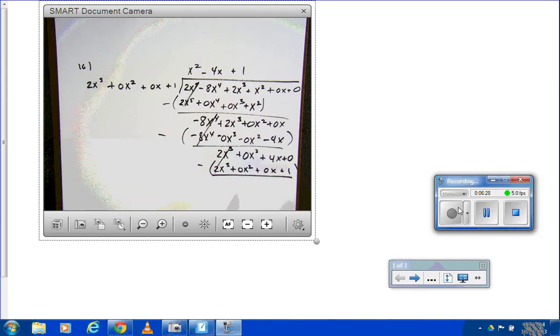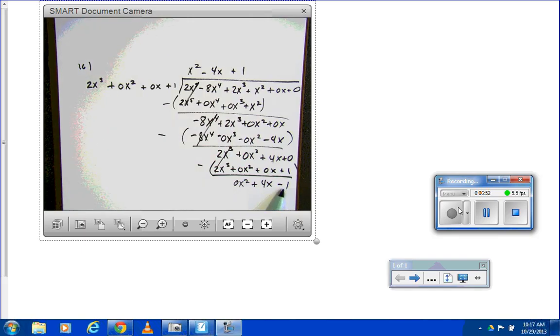So that'll go away. 0x squared minus 0x squared would just be 0x squared. 4x minus 0x would just be 4x. And then 0 minus 1 would be negative 1. Now, when I write my remainder, I don't need all those 0 placeholders. By the way, this is the remainder, isn't it?